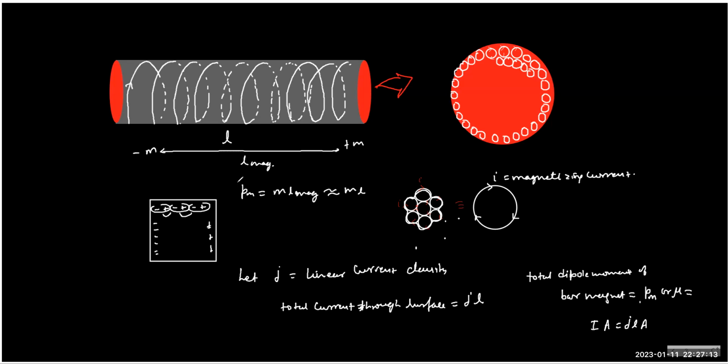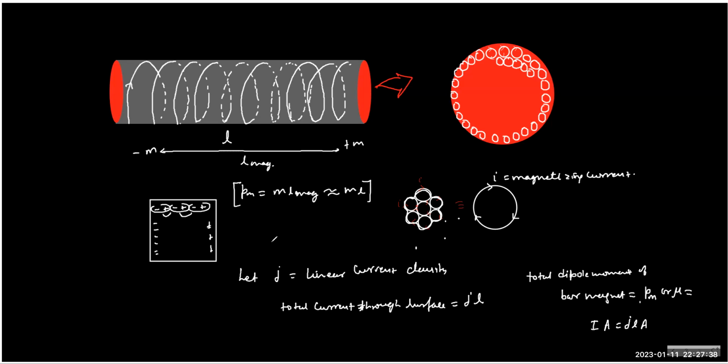Theoretically it is M into L magnetic, but practically we take the physical length as L, which is more than the actual. So if they ask a theoretical question, you have to say the dipole moment is M L magnetic, and when we solve numericals, we take ML directly. I hope this is clear.